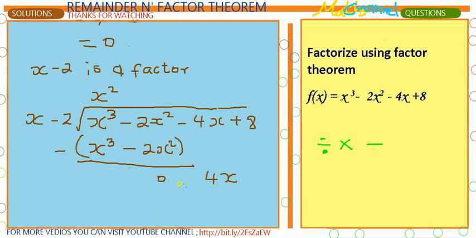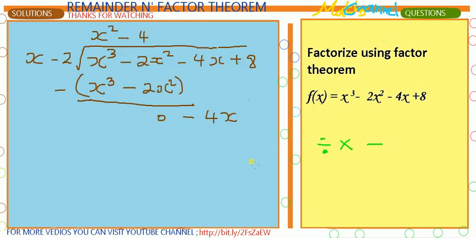So we'll continue with this one, dividing the 4x by x. The 4x by x, we will have something like minus 4. Let me just shift the 4 a little bit.